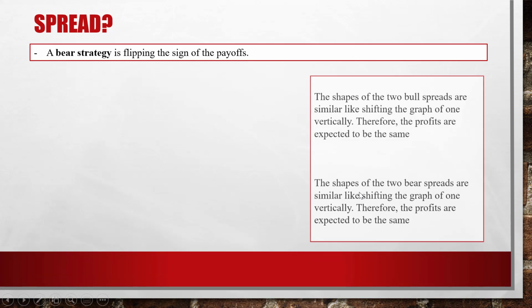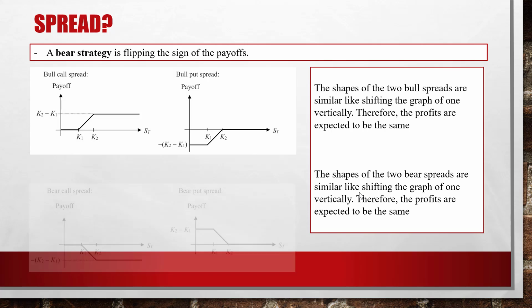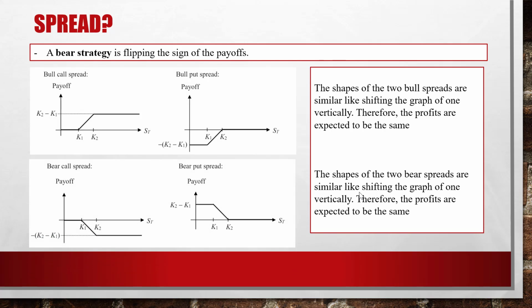Alright, now let's consider a bear strategy. A bear strategy is flipping the sign of the payoffs. Here, we basically just flip the sign of the payoffs of a bull strategy. Remember the bull call spread payoff should be a piecewise function. So if you graph the function, this is the payoff of a bull call spread, right?